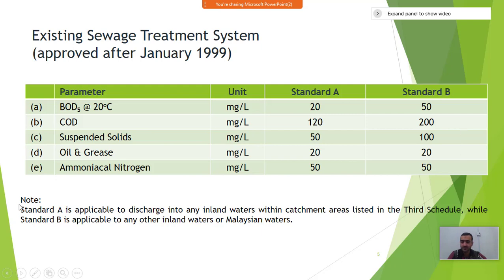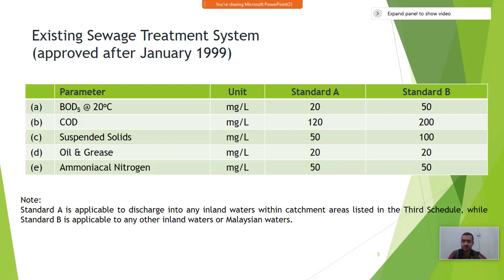And here it is. Standard A is applicable to discharge into any inland waters within catchment areas listed in the third schedule, while standard B is applicable to any other inland waters in Malaysian waters. So standard A is for strict areas listed in the third schedule. It means that these are strict areas like environmental conservation areas, natural conservation areas.